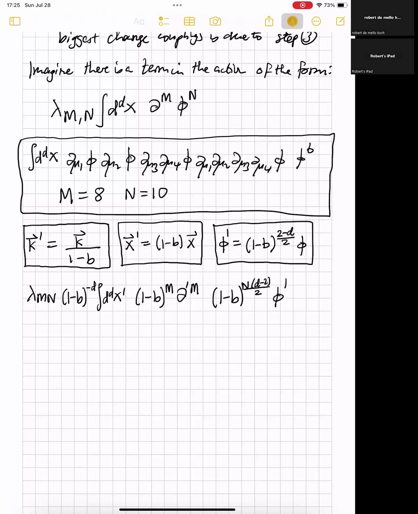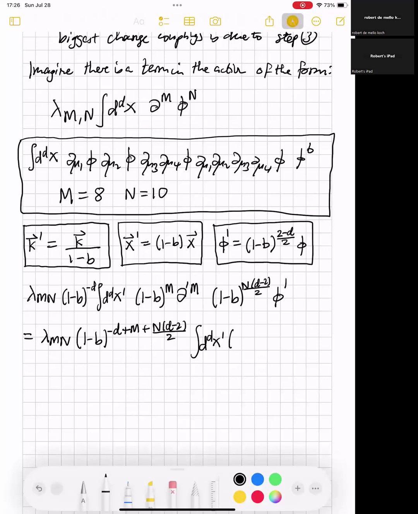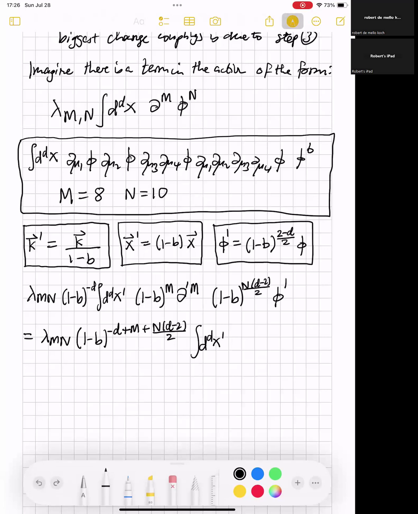Okay, so I'm just using the scaling laws to work out how this would transform. And now let me pull out all of the scaling laws up front. So we've got a lambda_mn, we've got a (1 minus b), we've got minus d, we've got plus m, and plus n (d minus 2) over 2, and then we've got an integral d^d x prime.